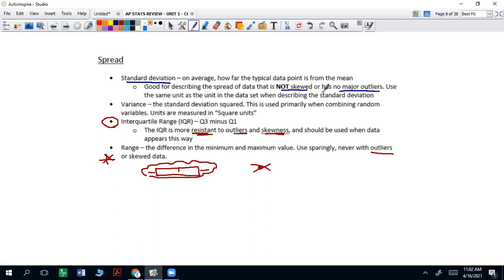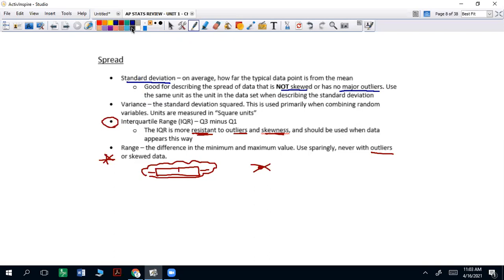And remember, standard deviation represents the typical distance from the mean. It doesn't mean this specific point is this far away from the mean. It's that on average, your typical point is one standard deviation from the mean. And standard deviation is measured in whatever units the mean is measured in.